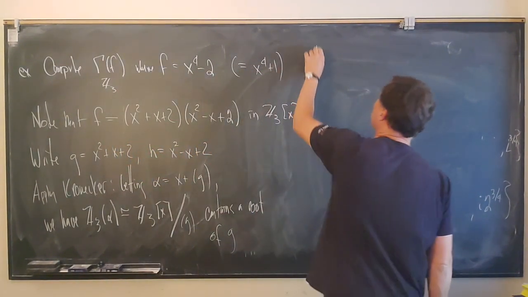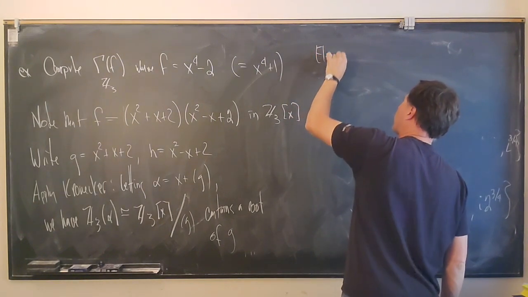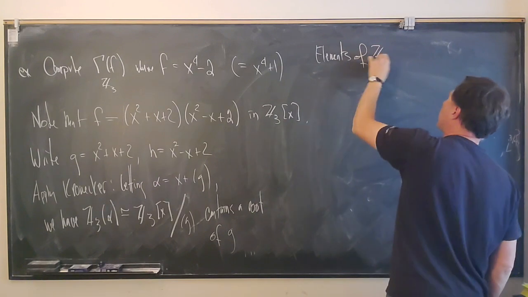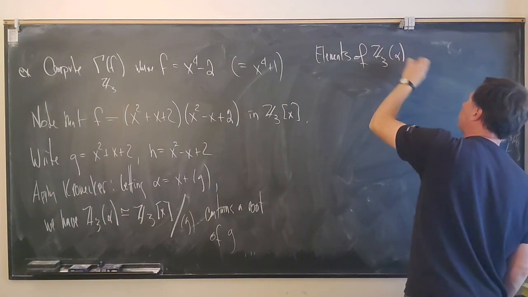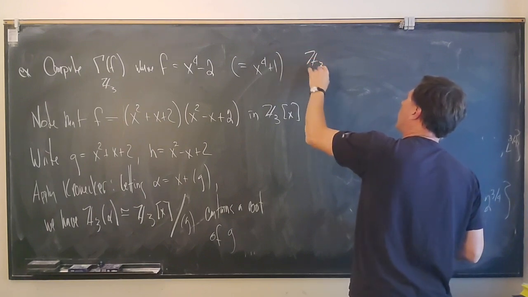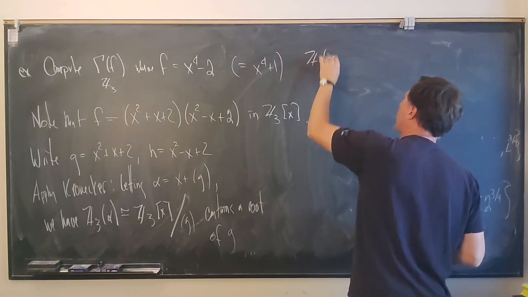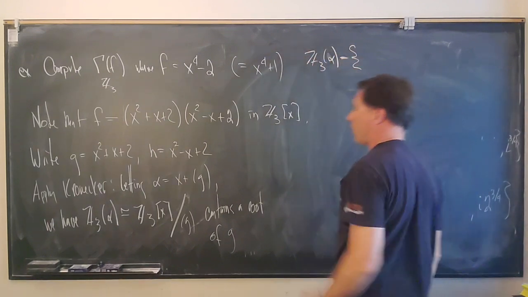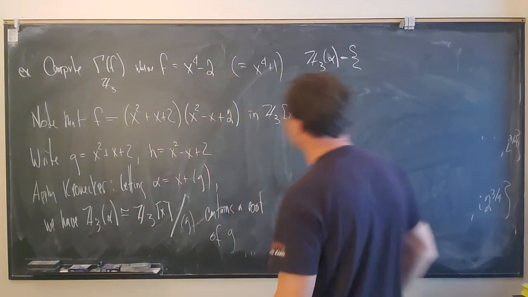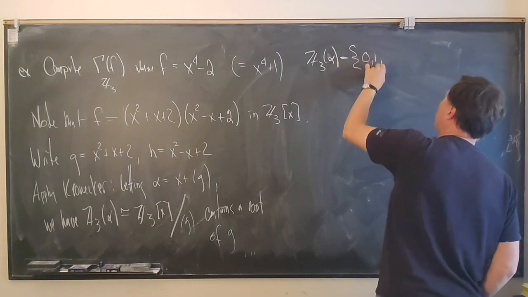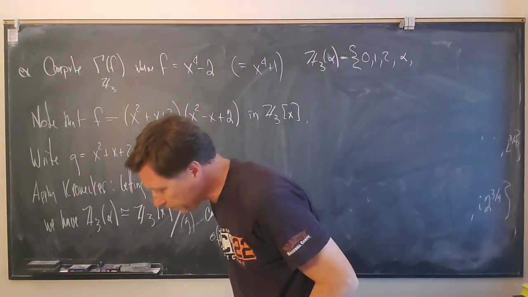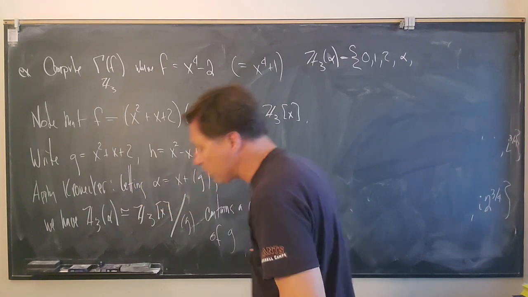So now, Z3 adjoint alpha consists of the following elements. So we're going to have 0, 1, 2, of course. It's going to have alpha, alpha plus 1, alpha plus 2.